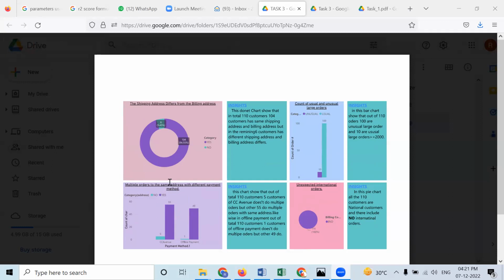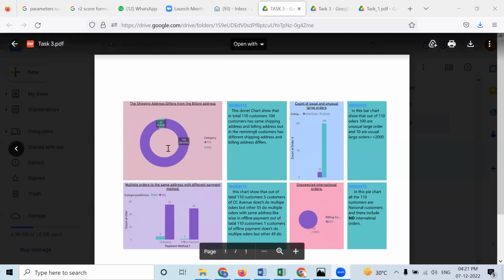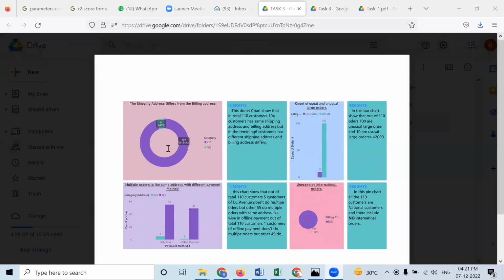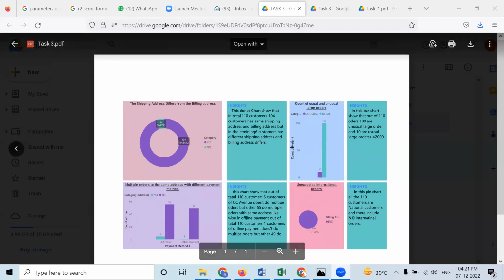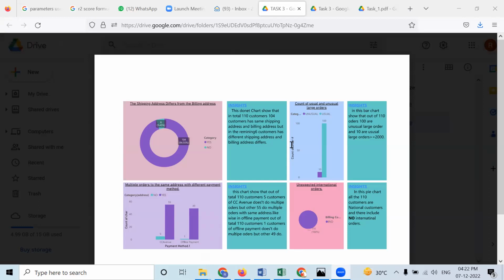The same mistake you had last class. I have corrected it this time, ma'am. This is the corrected form of the earlier one.